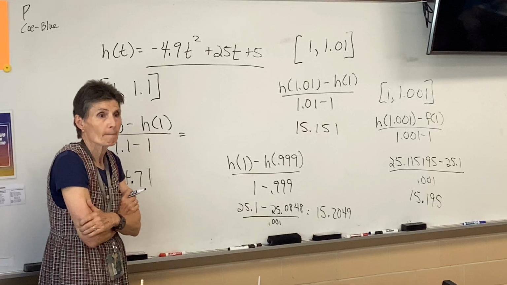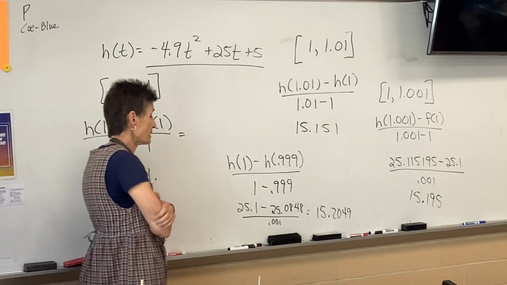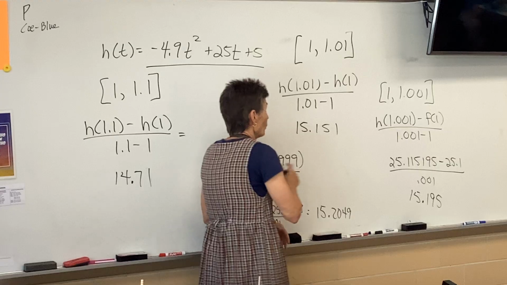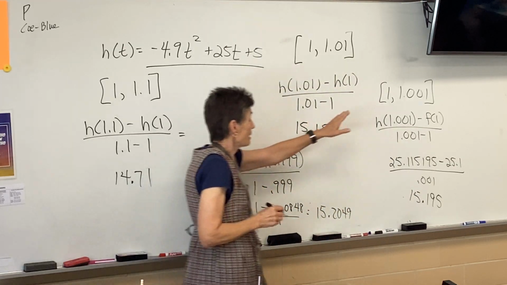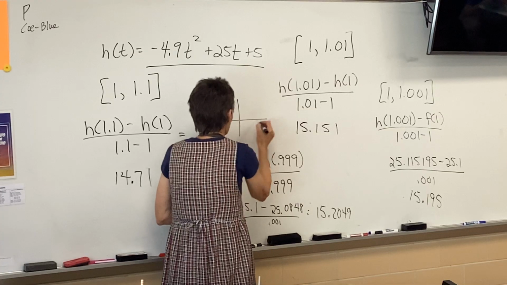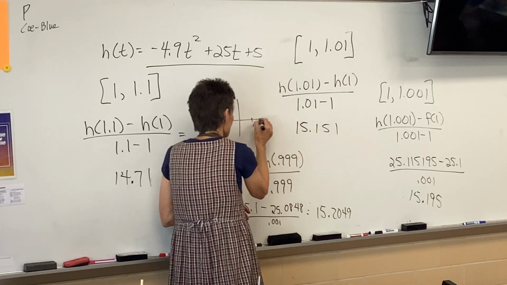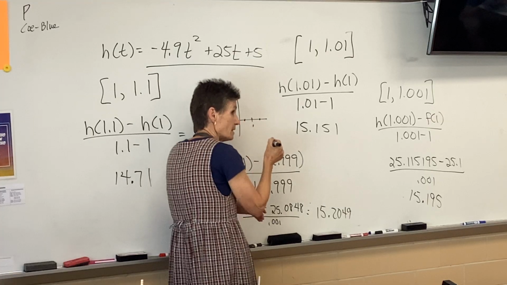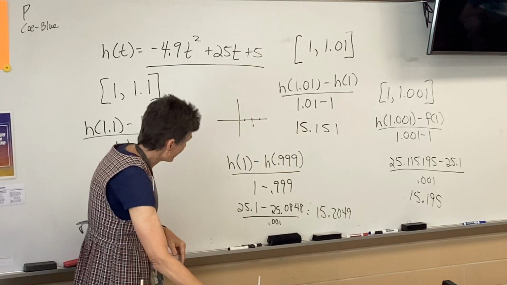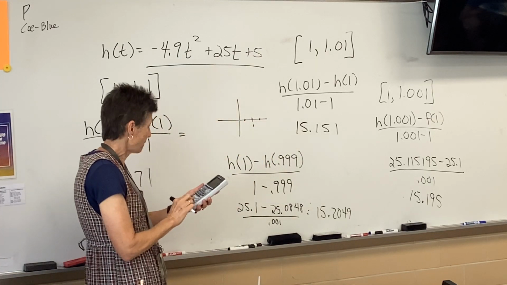Did you average C and D? Oh, Ainsley says one idea would be to average these two because, like, if here's 1, this is 0.001 that way, and this is 0.001 that way. So she says, let's average those. Okay, I'd certainly be good with that.